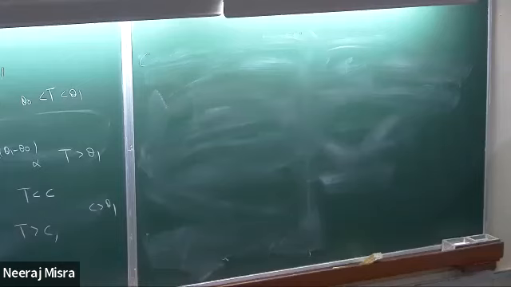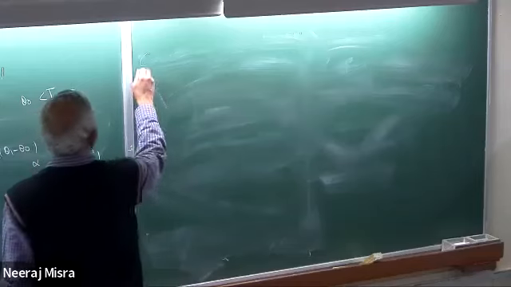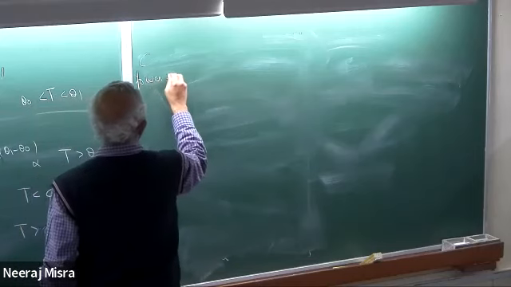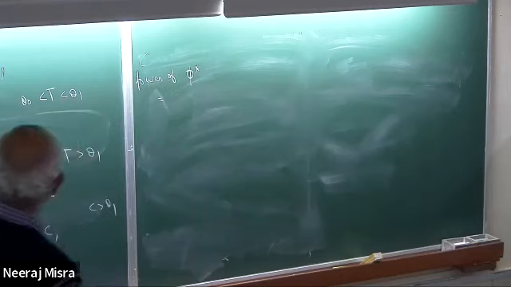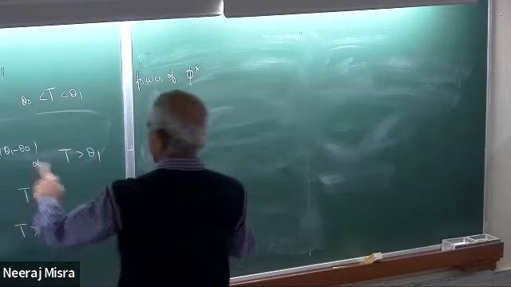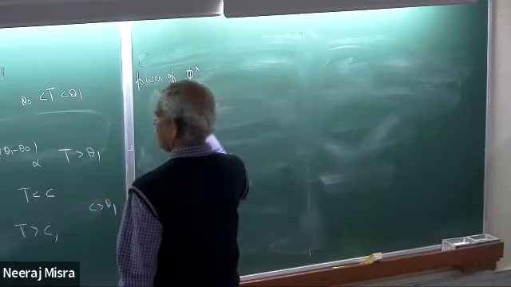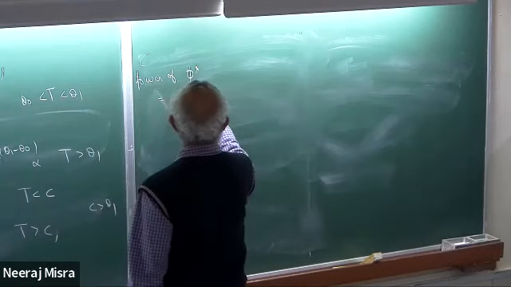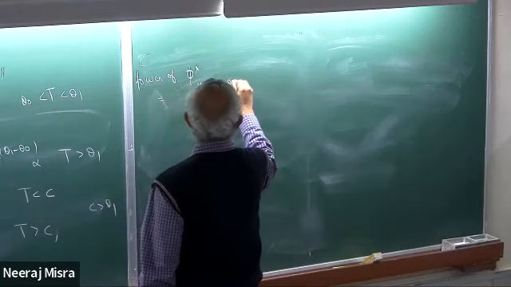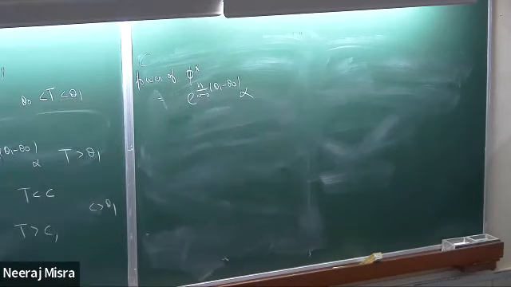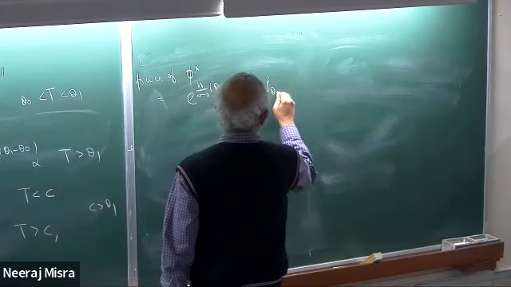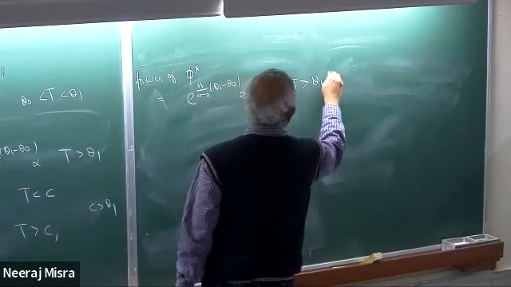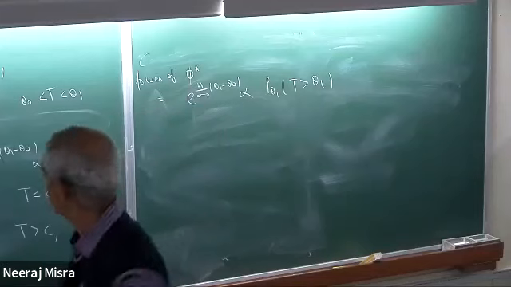Let us look at the power of phi star. It is the same as alpha times e to the power n by sigma naught times theta 1 minus theta naught, times probability under theta 1 that t is bigger than theta 1. Is that okay?